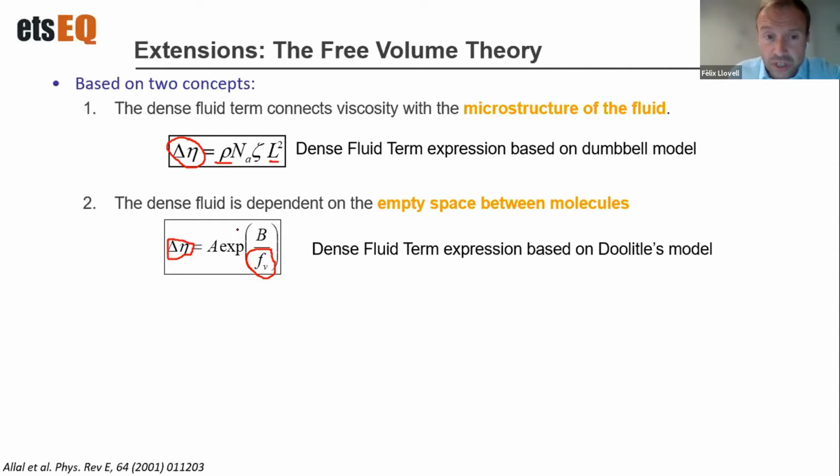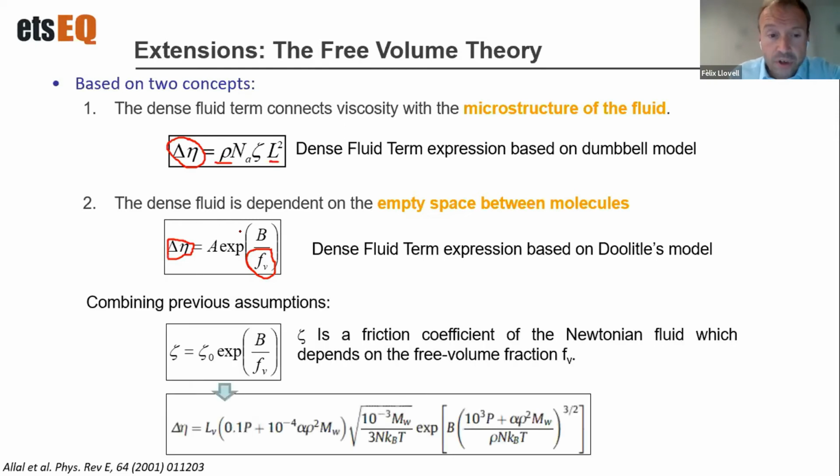Relating these two expressions and mathematically working them ends up with a theory that can be coupled into an equation of state, because it depends on thermodynamic properties: the density, the temperature, and the pressure, apart from the molecular weight and some specific molecular viscosity parameters that had to be fitted to viscosity data.